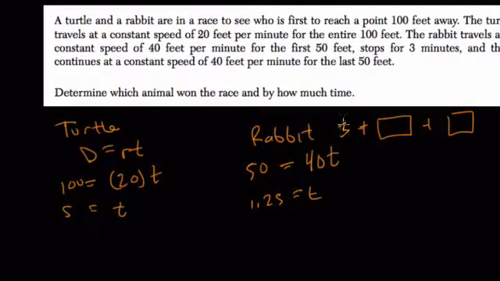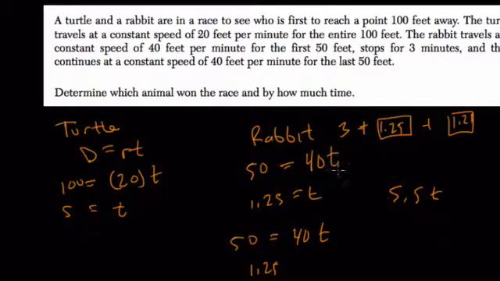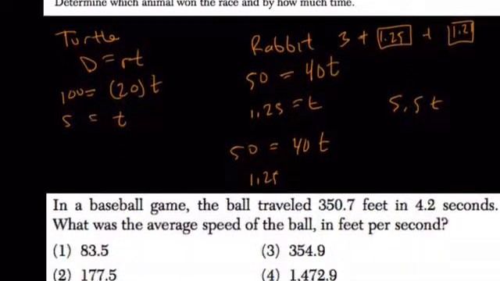Then the 3-minute rest. Then 40 feet per minute for the last 50 feet. So 40 times t equals 50. So again, it's 1.25. So 3 plus 1 plus 1 is 5, plus 0.25 plus 0.25, so 1.25, 1.25, that's 5.5 minutes. So the turtle wins by half a minute. Classic case of turtle beating the rabbit.